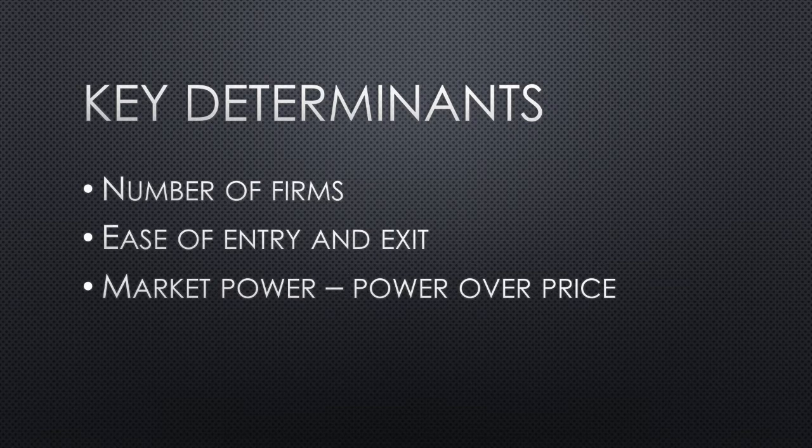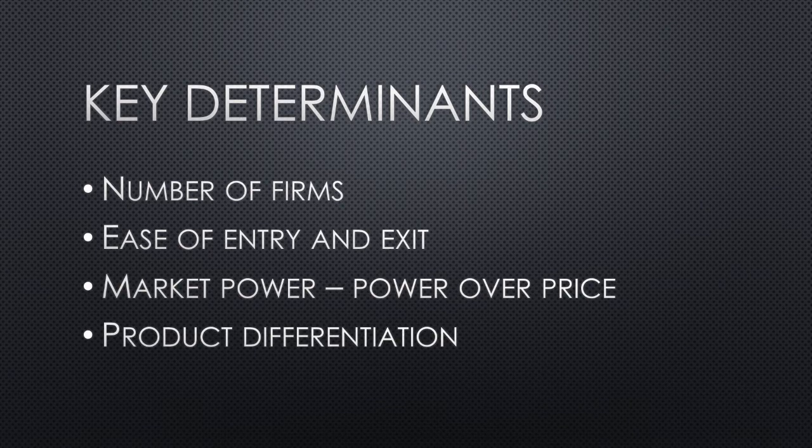Because if there's lots of other firms, if you have the opportunity to go somewhere else, if you don't like the price at one store, then you really don't have a lot of power over price. You can set whatever price you want, but if your customers look at that price and say, it's way too high, they just go somewhere else. So if there's lots of competition, you have very little power over price. But if you're a monopolist, you have lots of power over price.